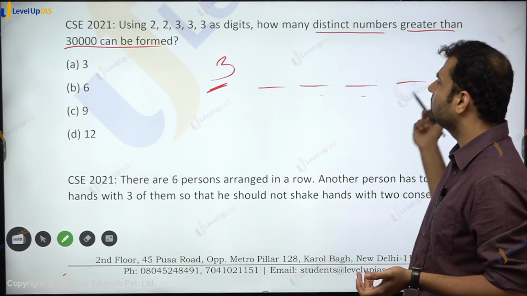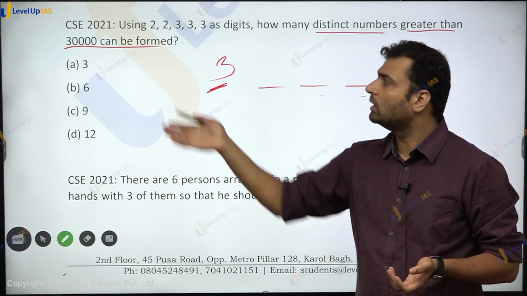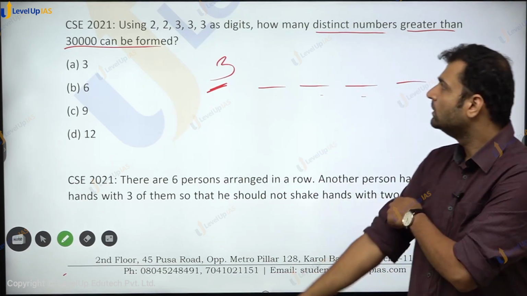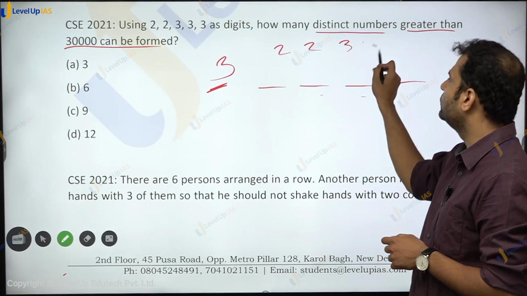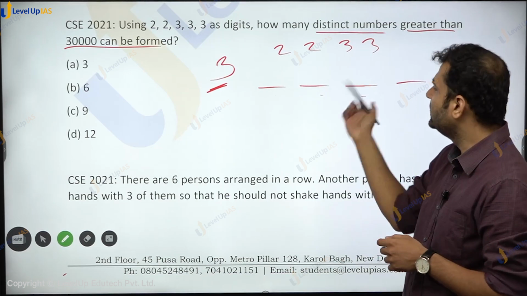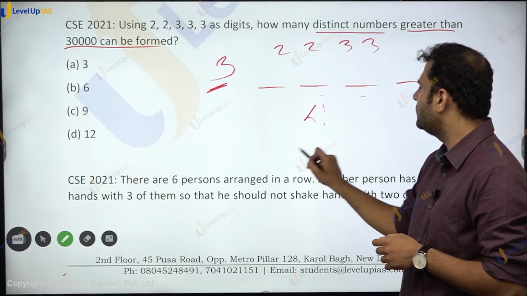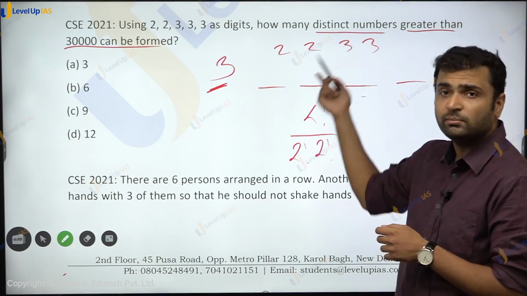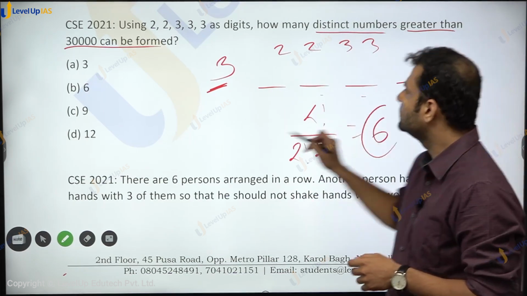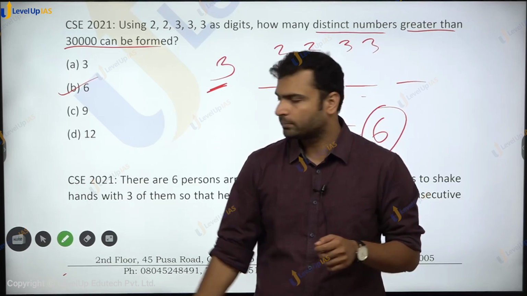We just have 4 places, and wherever anything comes, that number will always be greater than 30,000. So we have 2, 2, 3, 3 to rearrange in these 4 places. How many rearrangements? 4 factorial by 2 factorial into 2 factorial, just like anagrams, which is 6. So there are 6 numbers. Easy.